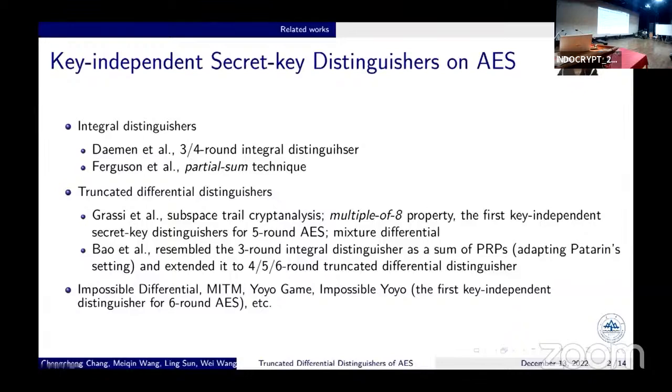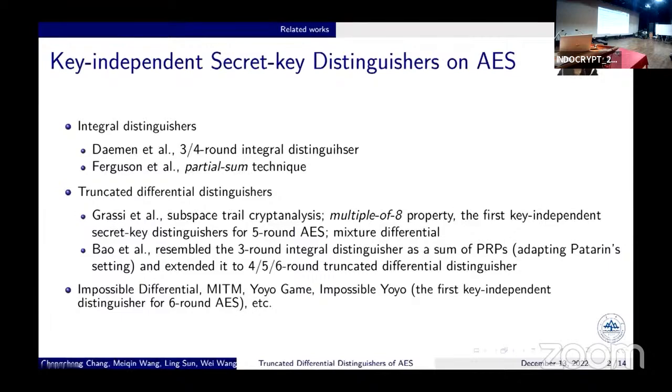Moreover, they observed the multiple-of-8 property, which led to significant security distinguishers. Besides, Grassi introduced mixture differential analysis. Recently, Bao et al. illustrated how the well-known integral distinguisher on 3-round AES can be extended to truncated differential distinguishers for 4, 5 and 6 rounds.